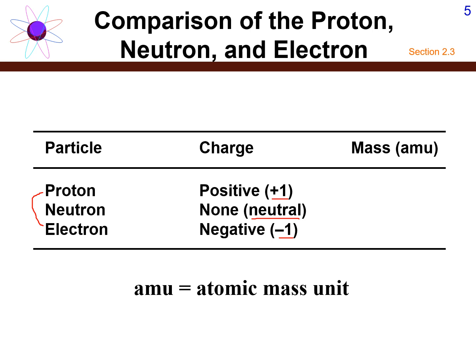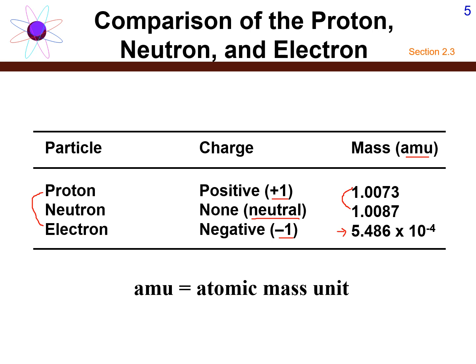And then mass, for now, we're going to measure masses in atomic mass units, which will change once we get into Chapter 3. But for now, we're going to measure in AMUs, where protons and neutrons basically have the same mass in AMUs. And then electrons are much smaller.